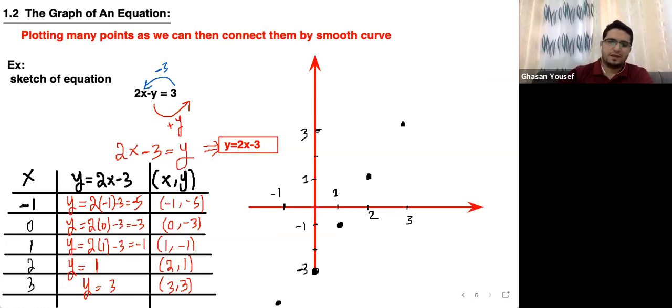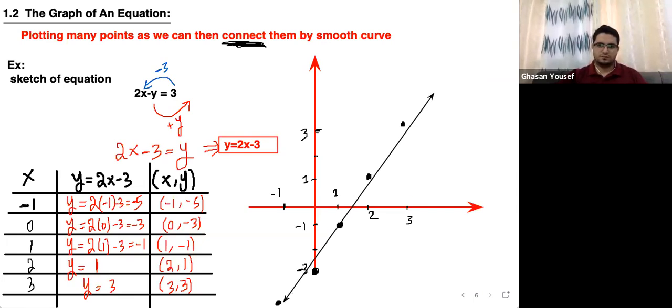After I finish all the points, I have to connect them. See the definition of the graph? We have to connect these points by a smooth curve. The smooth curve here looks like a line, like this. Again, this is the line here.